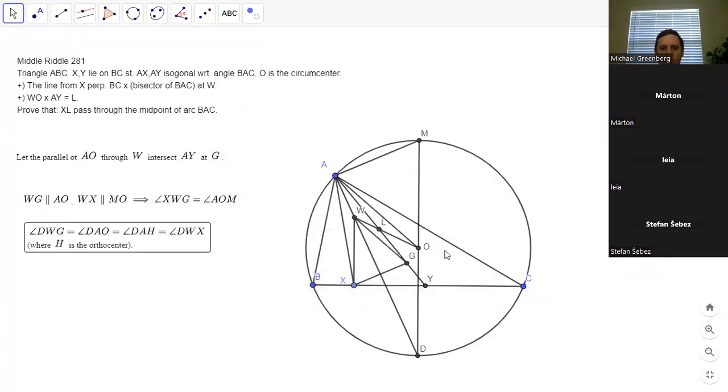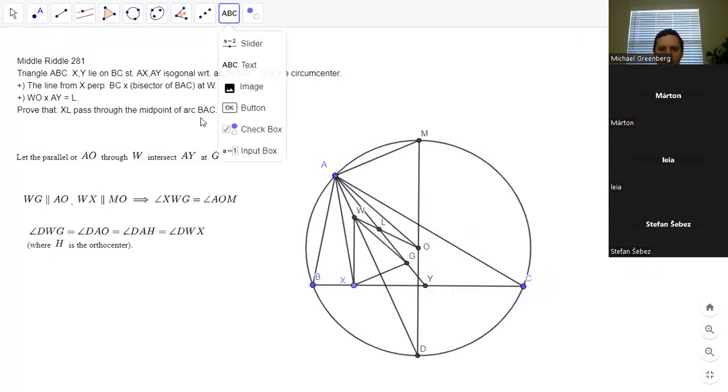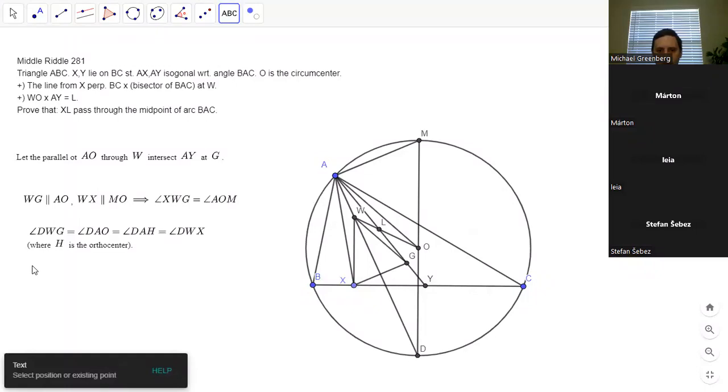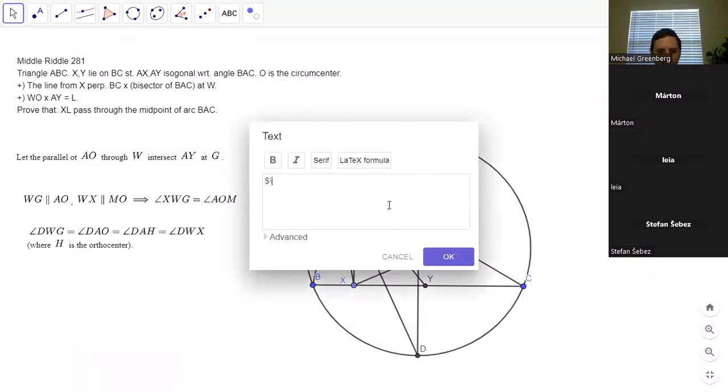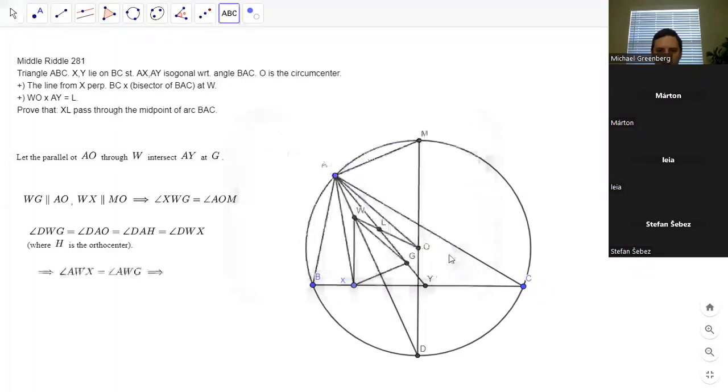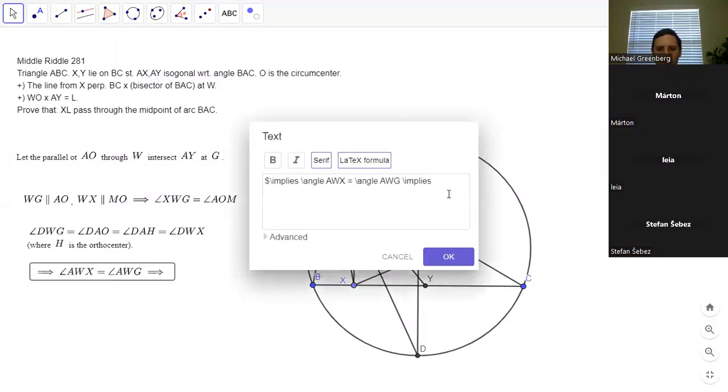And that's because the orthocenter and the circumcenter are isogonal conjugates. So once we know that, that means that angle AWX equals angle AWG, and that means that AWX is congruent to AWG.